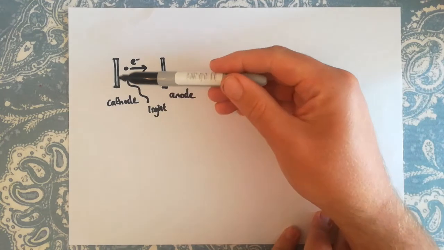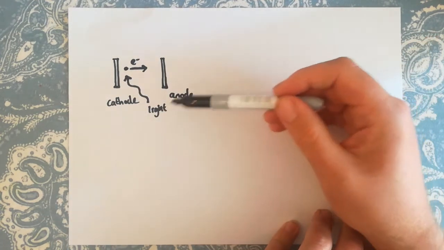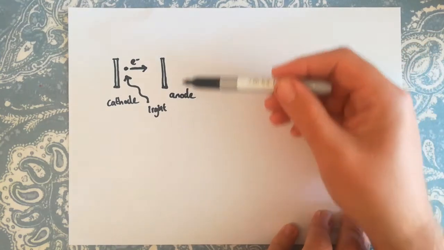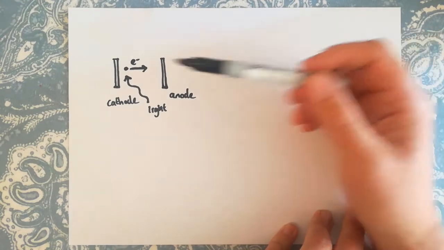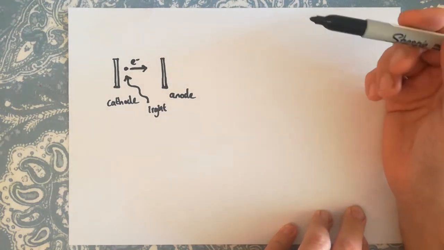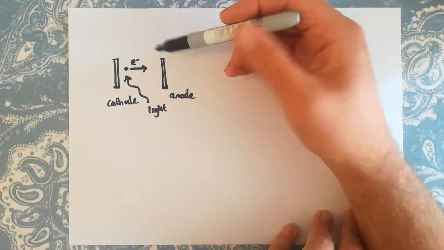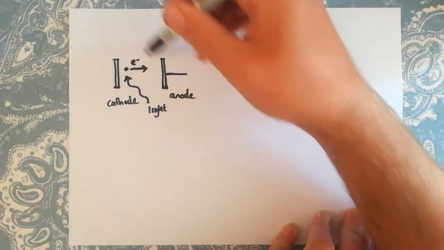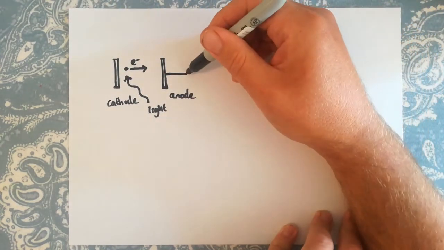So a cathode is defined as something that emits electrons, and an anode is something that absorbs electrons. Now, all of this would be happening in a vacuum because the electrons aren't going to travel particularly far in air. And what we also need to do is connect these two electrodes in a circuit.